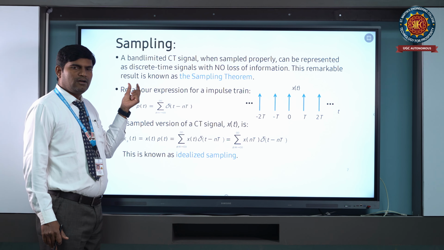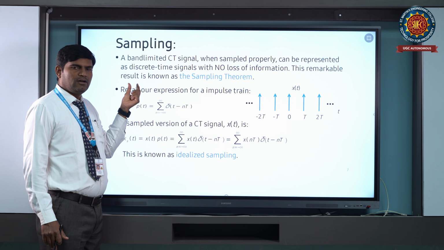This we are going to substitute in the expression for the sampled signal. That is, x of sampled signal is equal to the product of the train of impulses and the given input signal. We already represented P of t, the train of impulses, as summation k equal to minus infinity to plus infinity 1 by T into e power j k omega naught t.